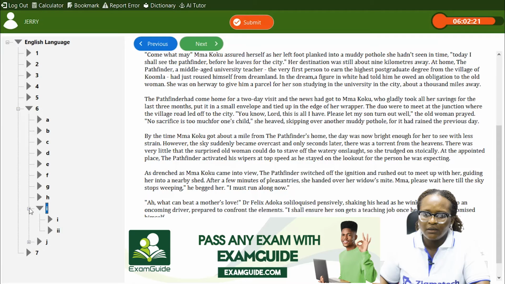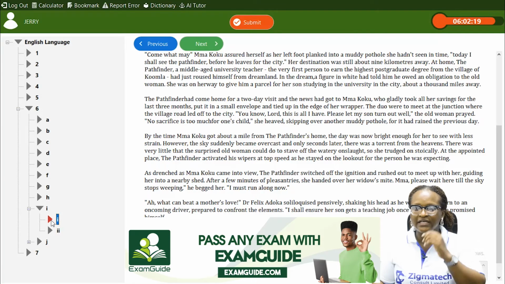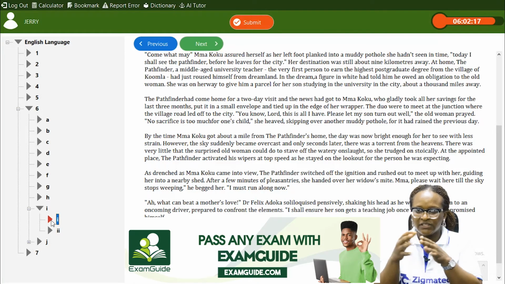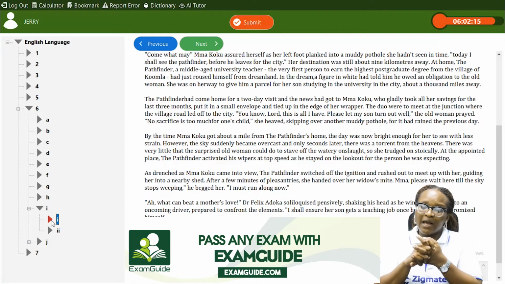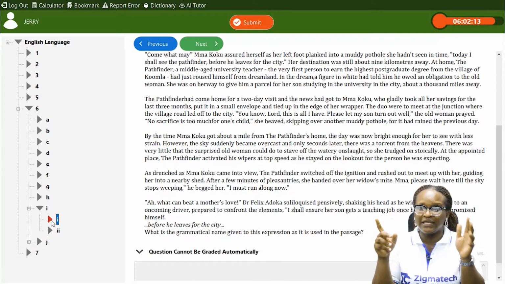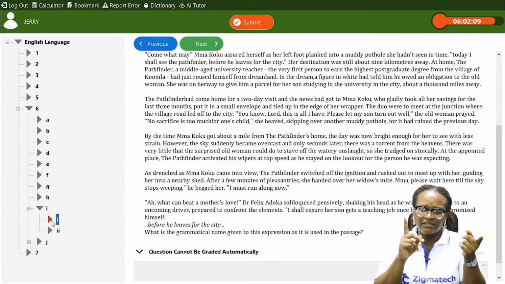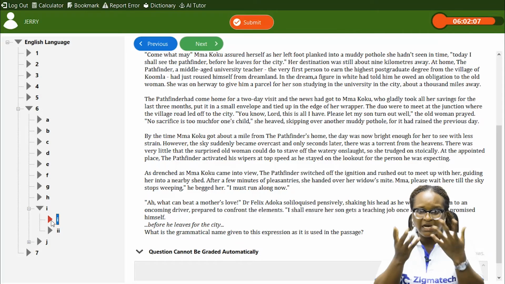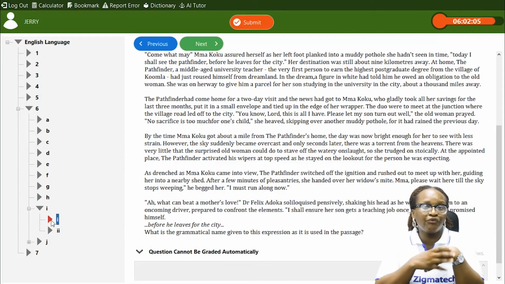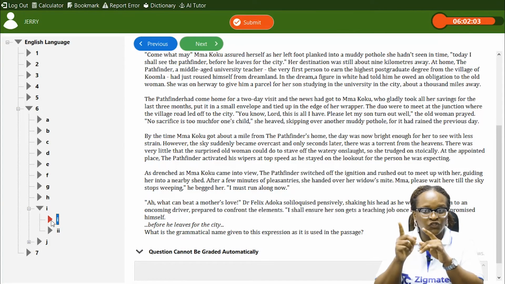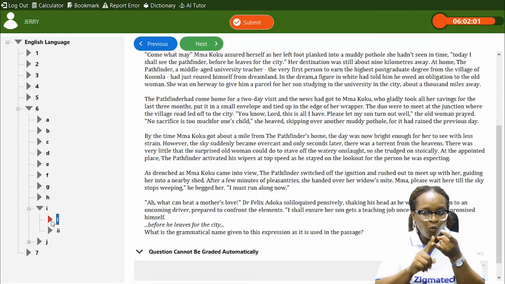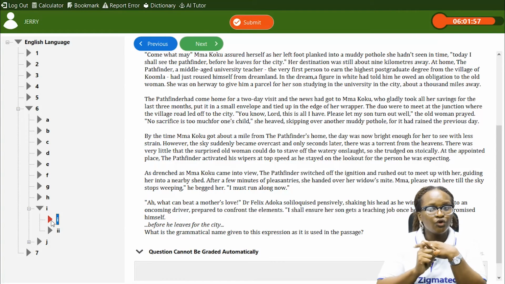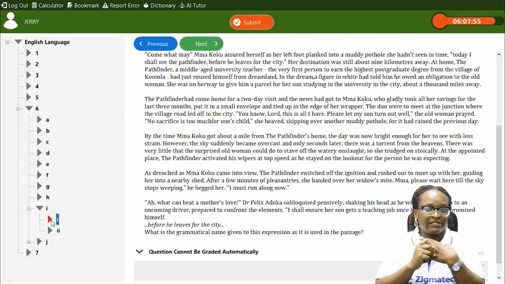All right, so let's go to I. It says, before he leaves for the city. Now, it's important for us to know that in every comprehension passage, I think I said it in my video, but I have to repeat it, you must expect, one, questions under figurative expressions, two, questions under grammatical names and functions.